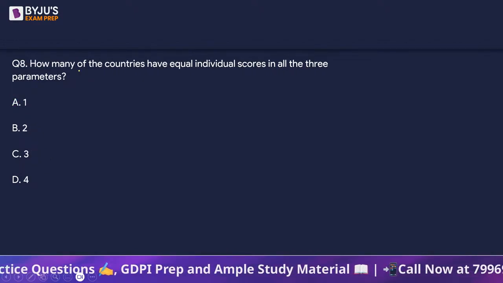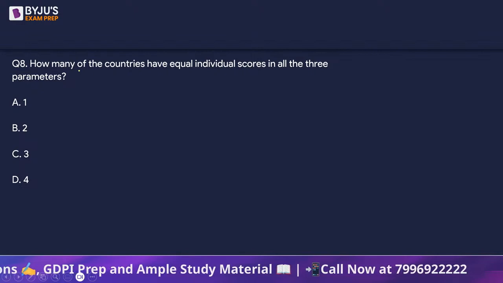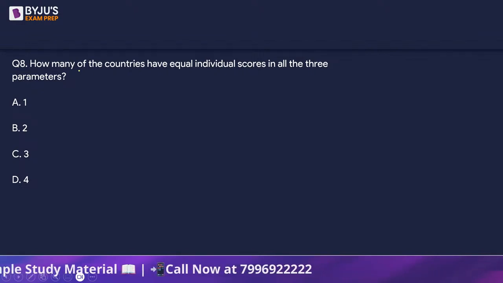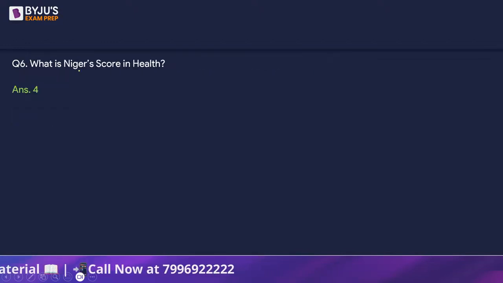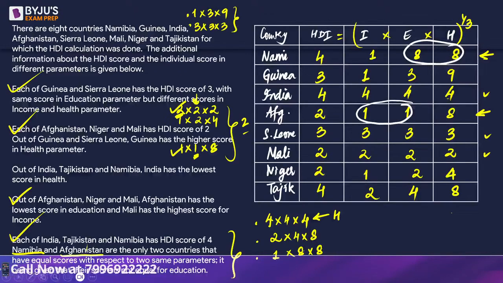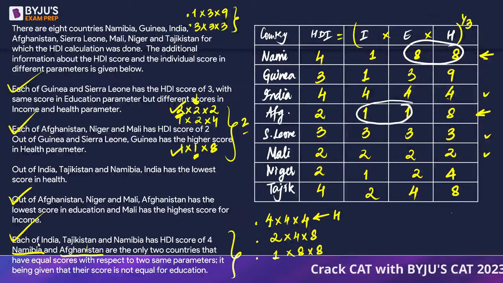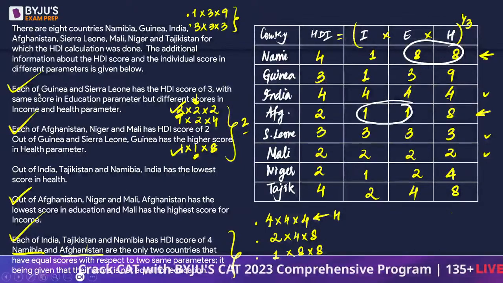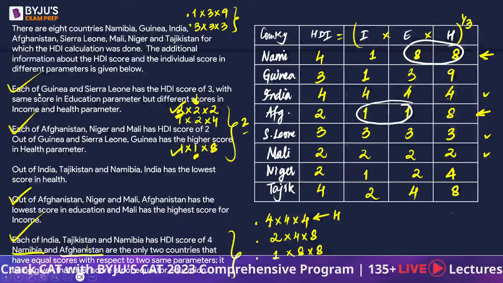And how many of the countries have equal individual scores in all the three parameters? So what do we mean by that statement? Equal individual scores in all the three parameters.